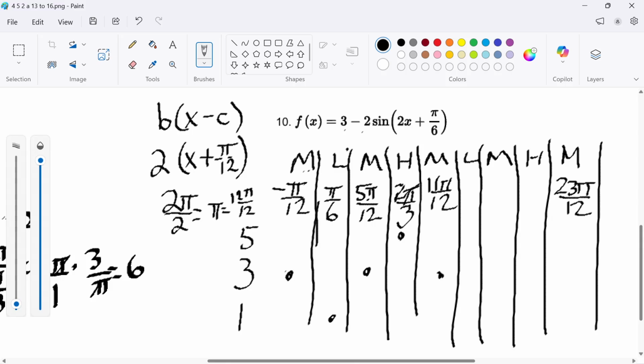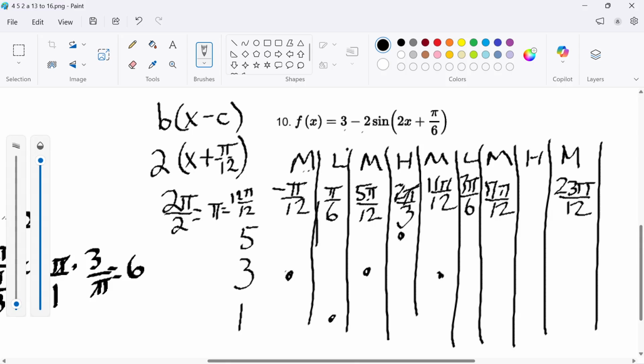Halfway between those is 34, so 17 pi over 12. Half of 34 is 17 pi over 12. 17 plus 11 is 28 pi over 12. 14 pi over 12. Half of 14 is 7, half of 12 is 6, so 7 pi over 6, I simplified it.